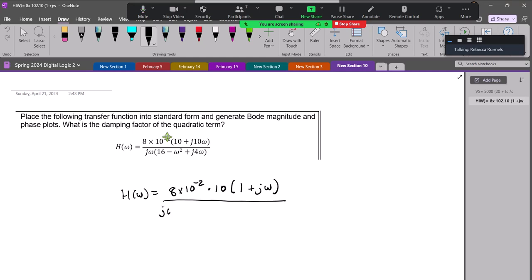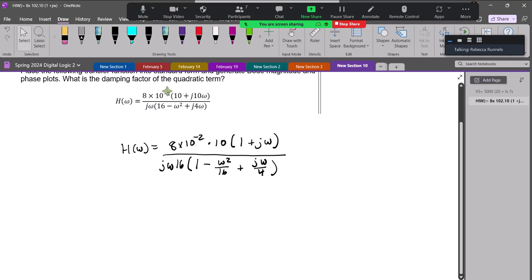And in the denominator, I have j omega, and I'll factor out a 16, and I'm left with 1 minus omega squared over 16 plus j omega over 4. And now I need to get all of this into standard form.